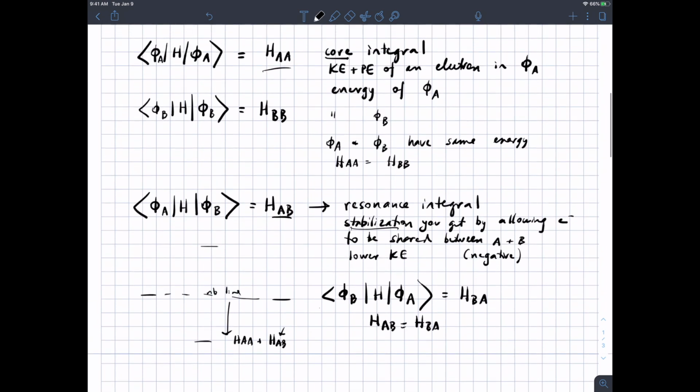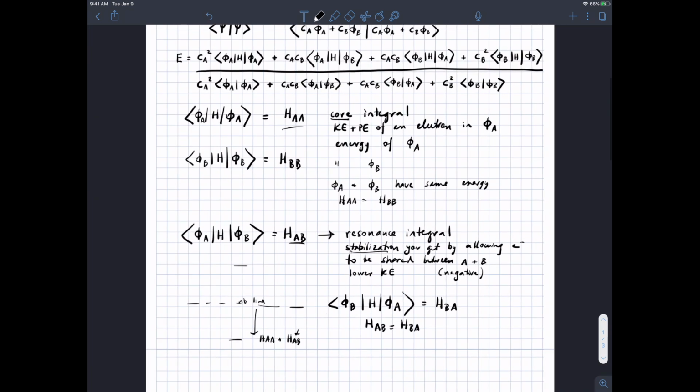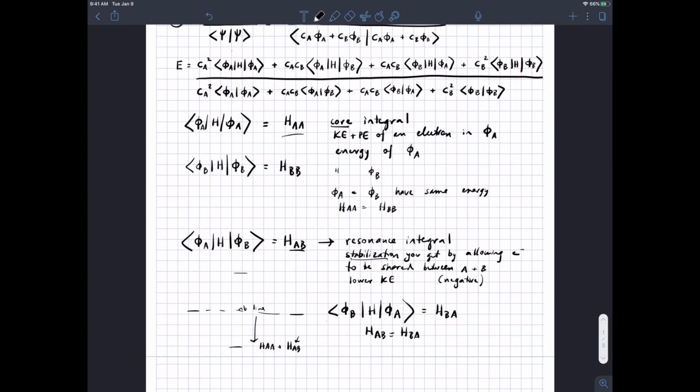Okay? So already we're simplifying our expression. Now let's deal with these. We've dealt with the integrals on the top, right? So we're going to replace this one here with HAA, this one here with HAB, this one here with HAB, which is equal to HBA, and this one we can also replace with HAA because HBB is the same as HAA. All right? I know it's a slog, I'm sorry, but it has an important punchline. Now at the bottom, let's discuss what these integrals are.